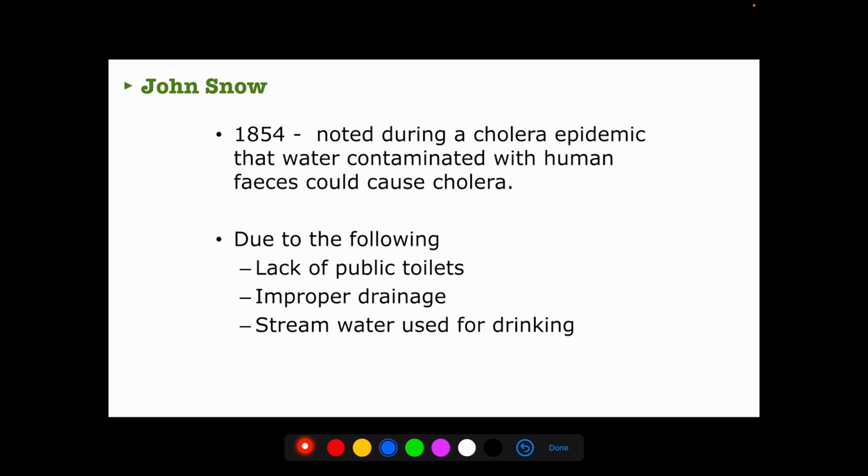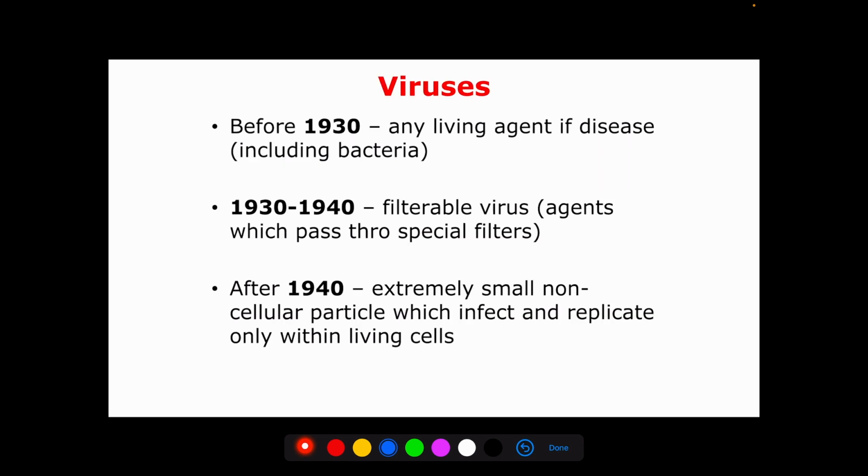Then finally, we had viruses, and before the 1930s, any living agent of disease, including bacteria, was thought to be a virus. Then we later on got to know that we could filter some agents which passed through special filters.